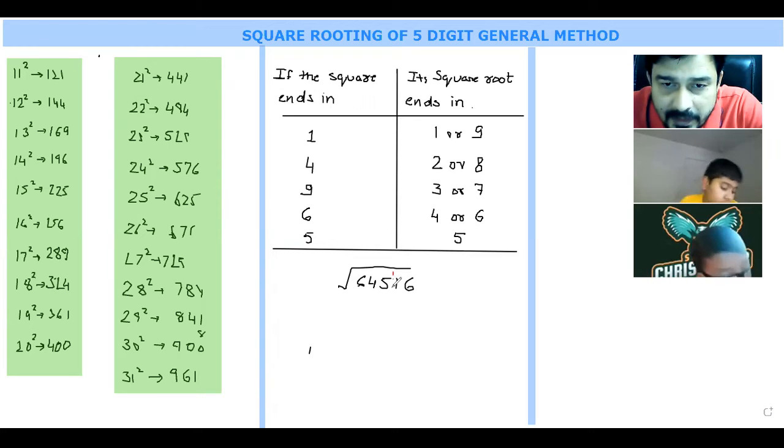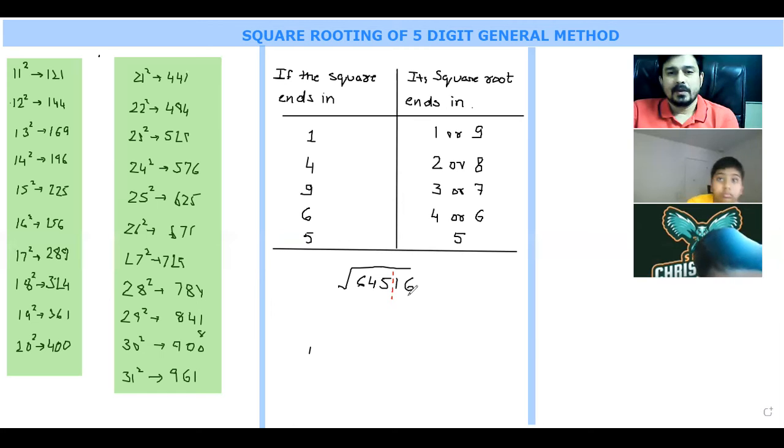This was the first step in 4-digit numbers as well, which is the same here too. The square is ending in 6. We already know if the square ends in 6, its square root must end in 4 or 6. So this is going to be our first step.